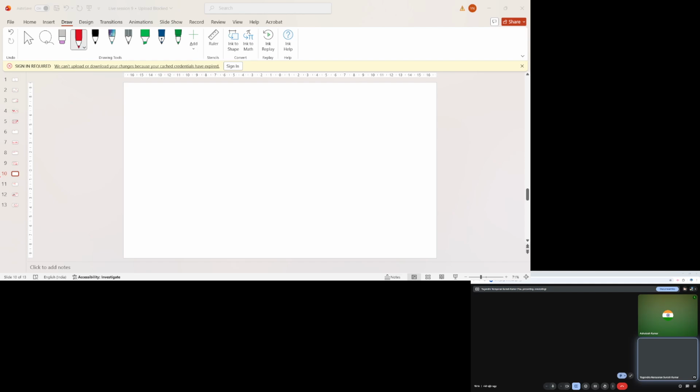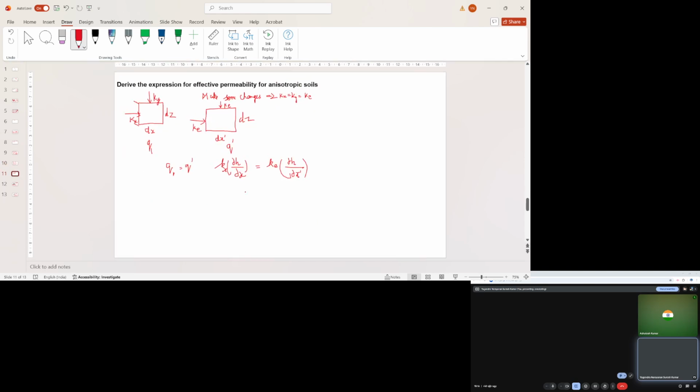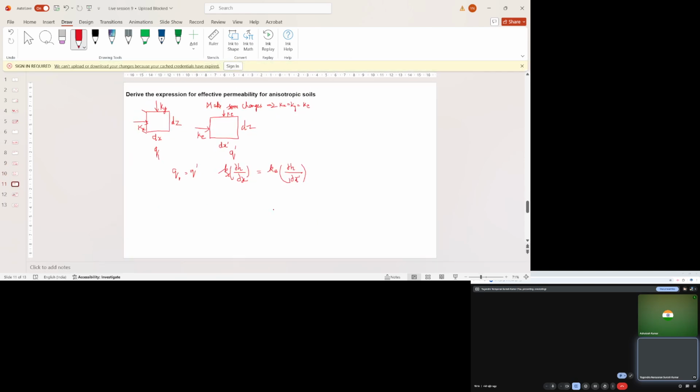Now we will understand the next part of the derivation, which is the effective permeability derivation. This is where we left.